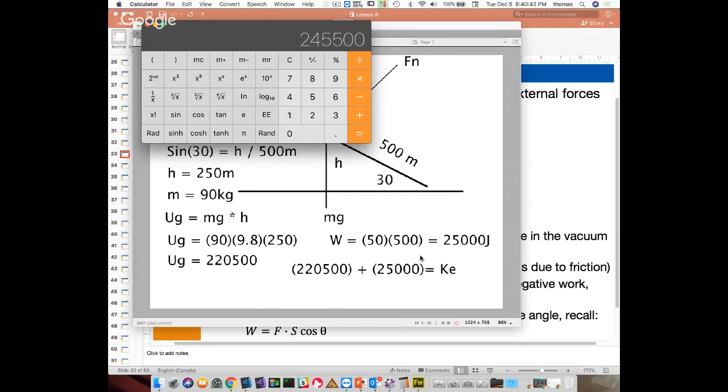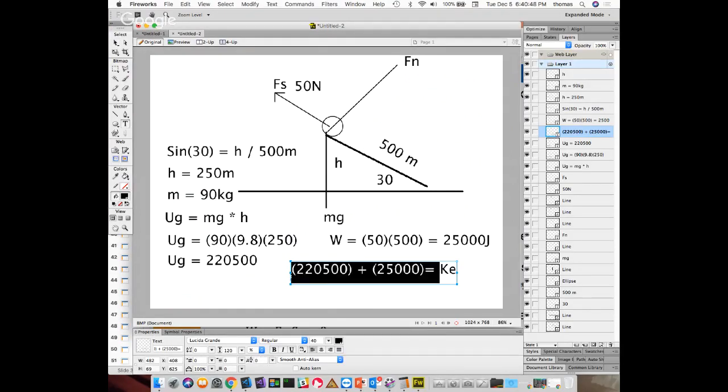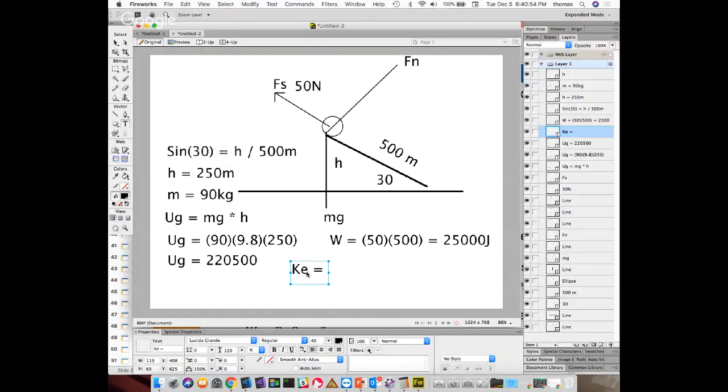Is this 245,500? That's what this is. So kinetic energy is equal to 245,500. And if we were asked to find what kinetic energy is, we'd be good. But that's not the answer, right? That's just the kinetic energy.